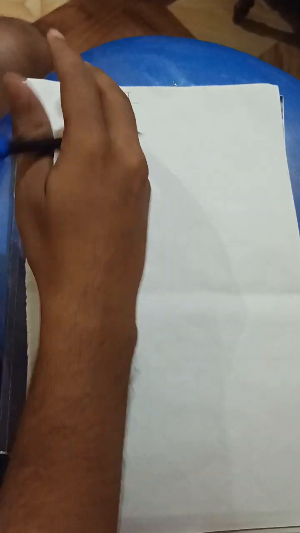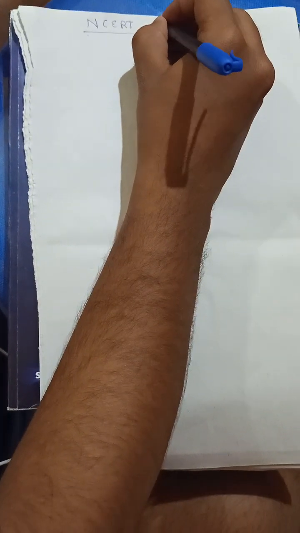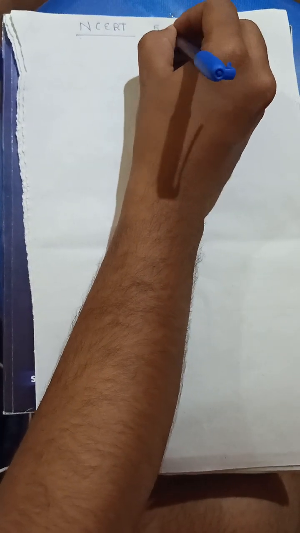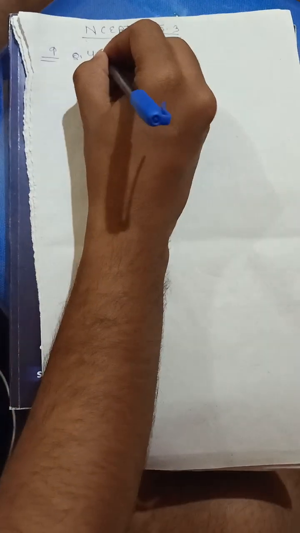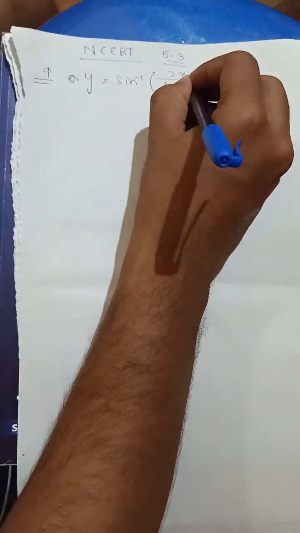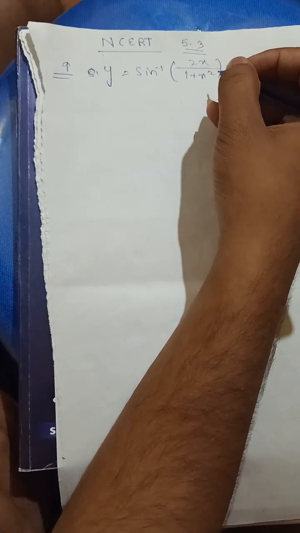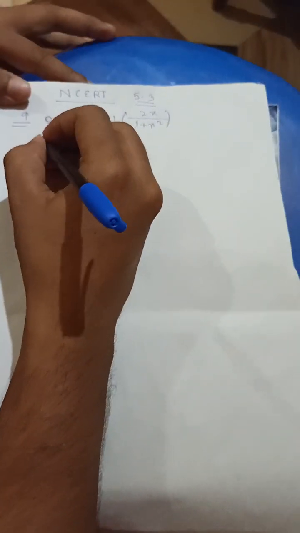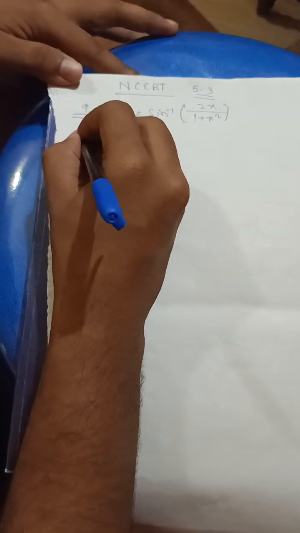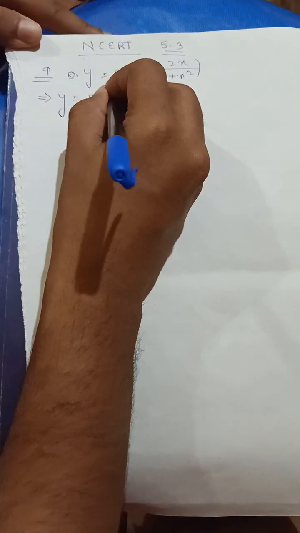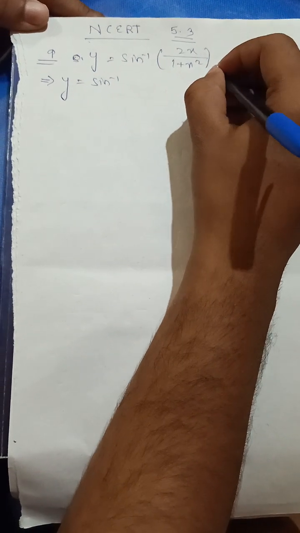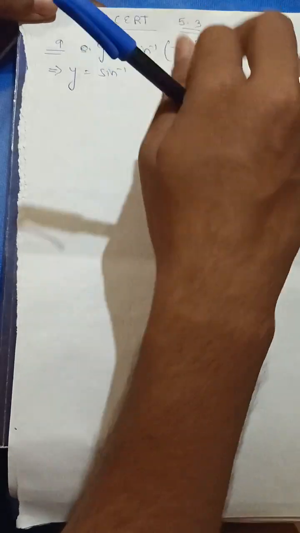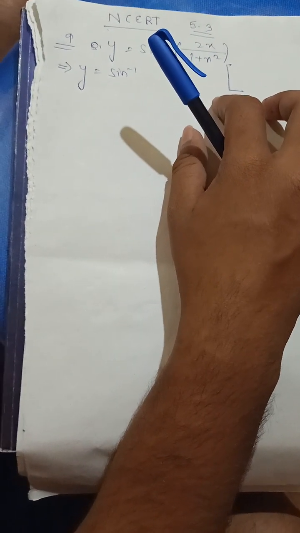First question of NCERT, exercise 5.3, question number 9. Y is equal to sine inverse of 2x by 1 plus x square. Okay, then how to solve it? Let's see. I have told you about a square plus x square.